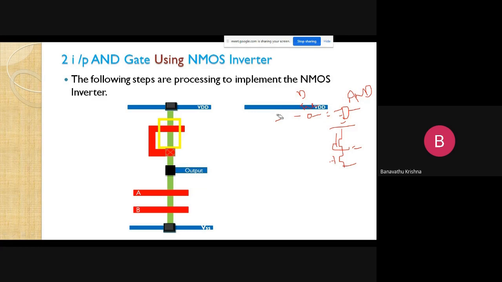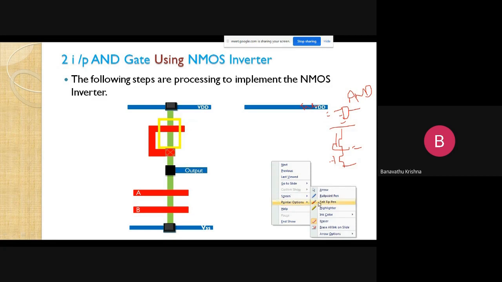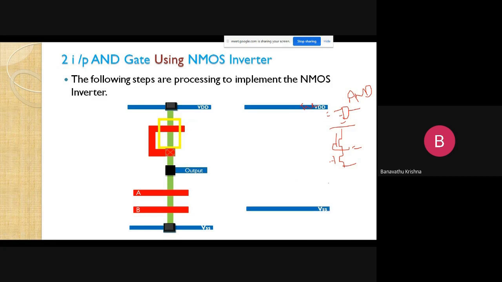This is the inverter implementation here. One more layer is the VSS layer, and every layer has contact gates.